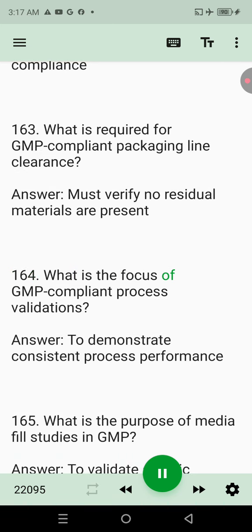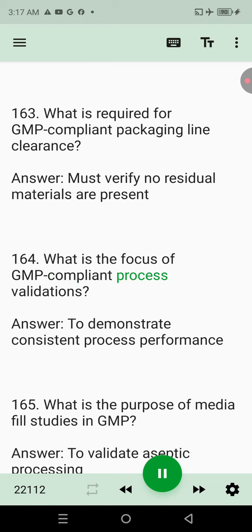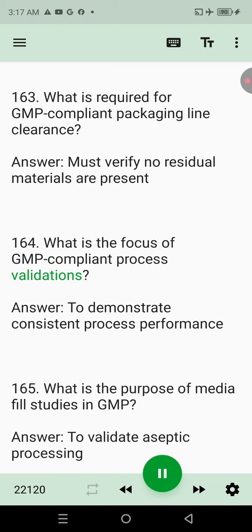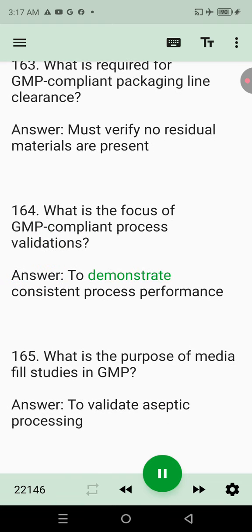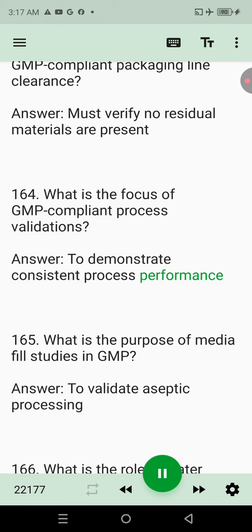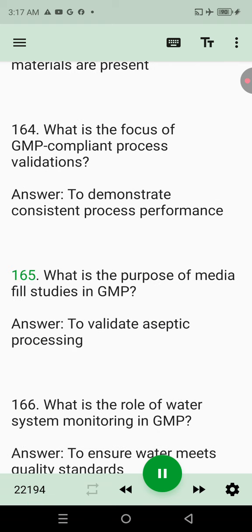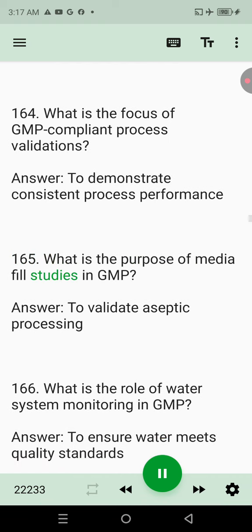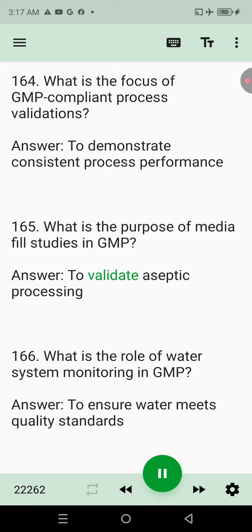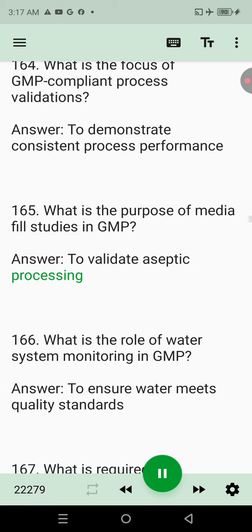What is the focus of GMP compliant process validations? Answer: to demonstrate consistent process performance. 165. What is the purpose of media fill studies in GMP? Answer: to validate aseptic processing.